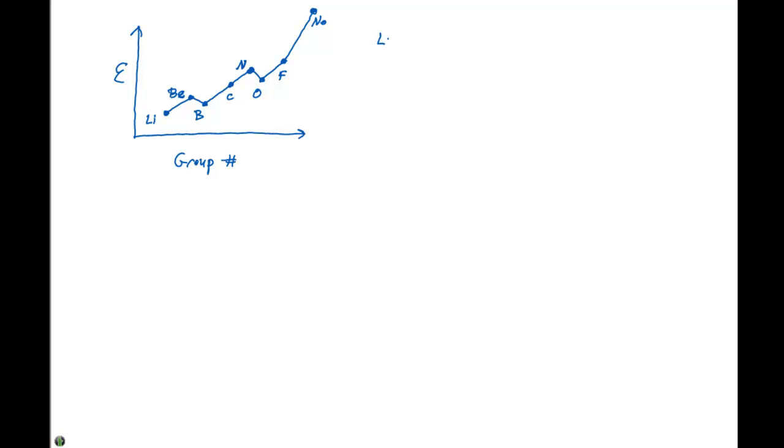If we look at lithium, the number of valence electrons is going to be 2s1. For beryllium, we have 2s2. Boron is going to be 2s2, 2p1.